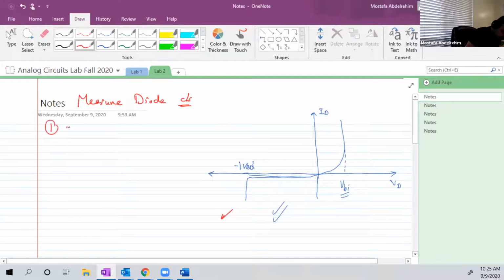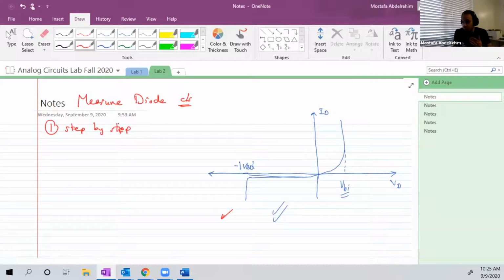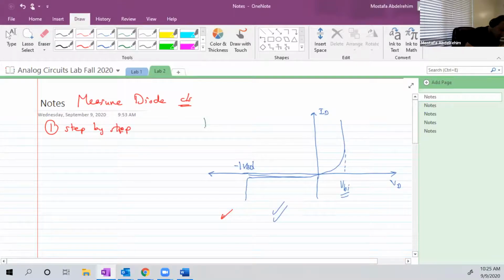So step by step or point by point, whatever you call it, okay, in which simply we put a diode in a circuit, something like this. We have here a battery, a resistor, and our diode.